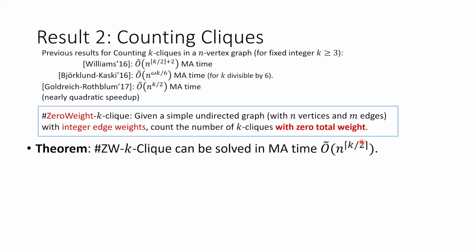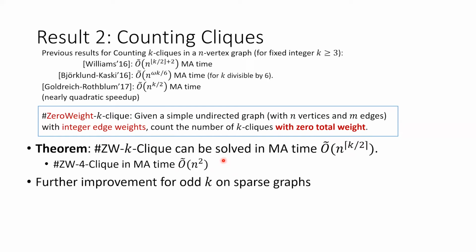So this is a quadratic speedup for even k. In particular, when k equals 4, we can solve the counting zero-weight 4-clique problem in MA time n squared, which is near optimal for dense graphs.